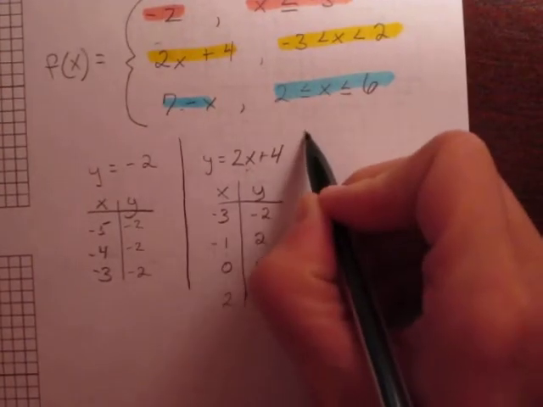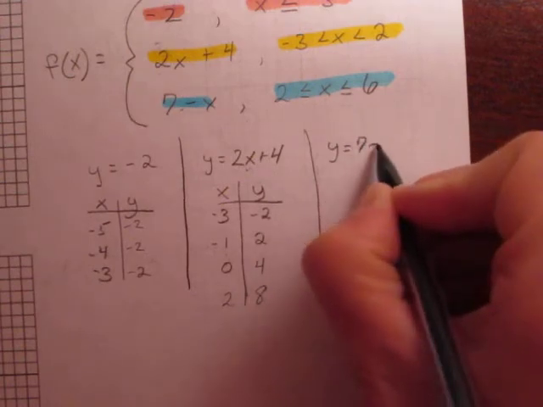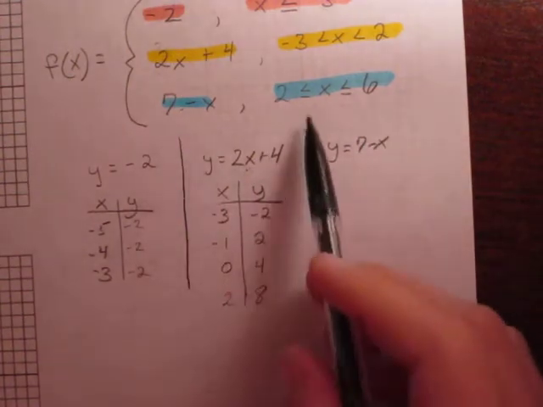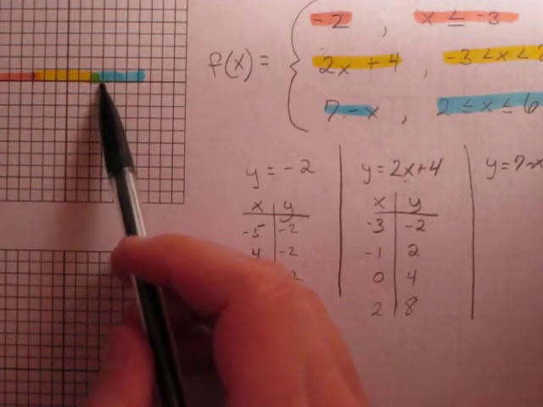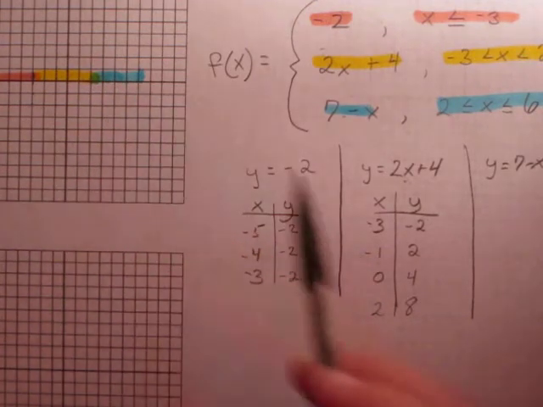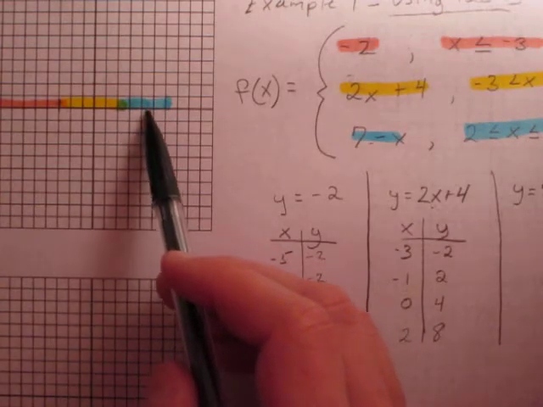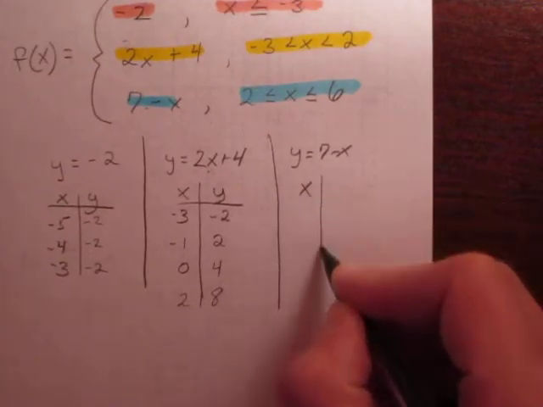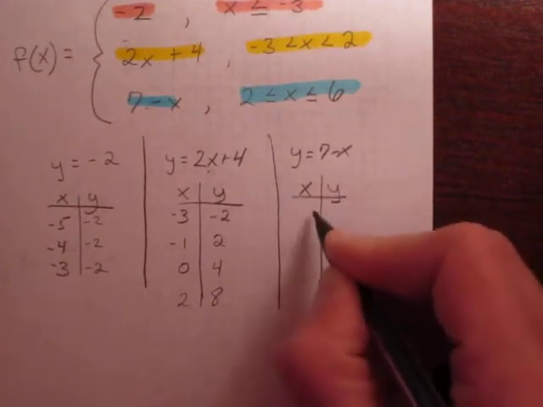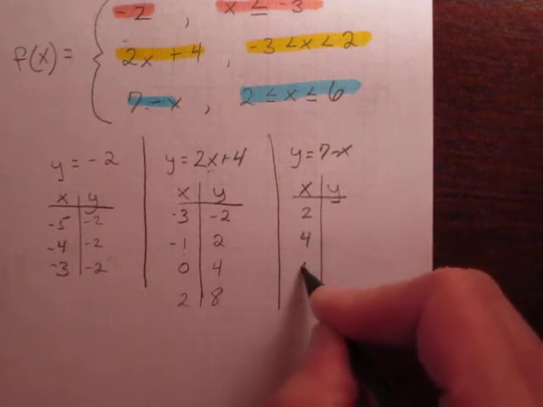And now my last piecewise function is y equals 7 minus x. And this occurs on the interval from 3, which is right here, all the way to 6. Or I'm sorry, from 2 all the way to 6. So 2, 3, 4, 5, 6. And so I'm going to start my x values for this table at 2 and go, I'll probably just pick 4 and 6.